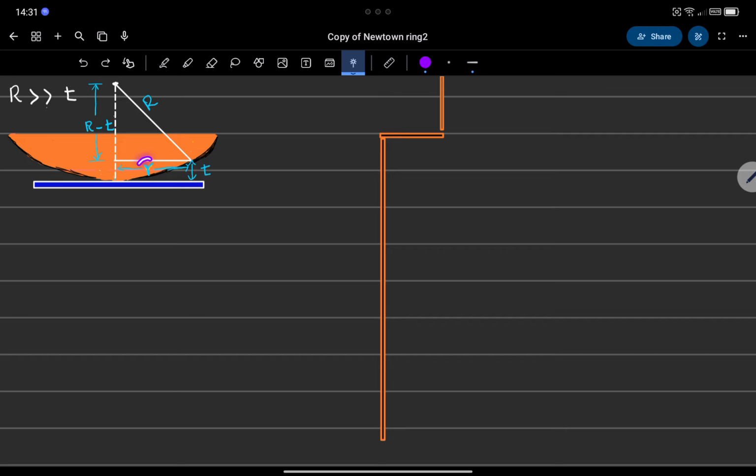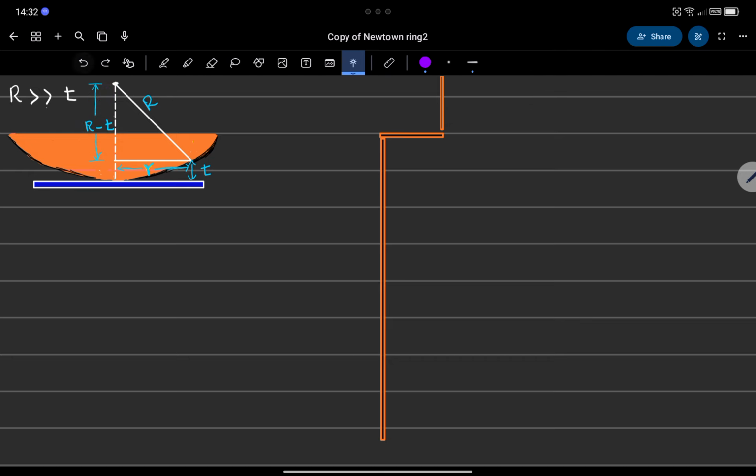Here, the parameter r is the radius of the mth bright or nth dark ring, it can be anything, and t is the thickness of the thin film at which the r radius bright or dark ring is located. If this distance is capital R and this distance is small t, then this must be capital R minus t.